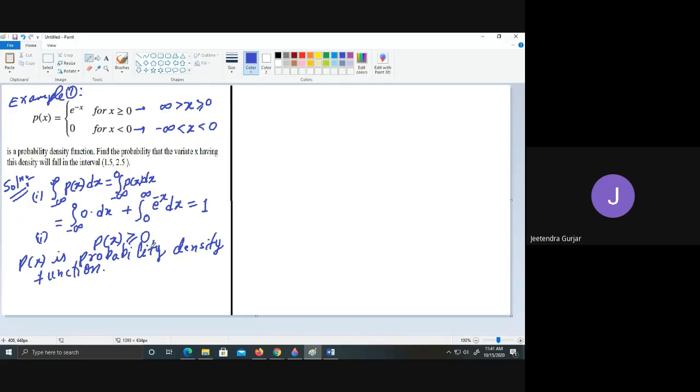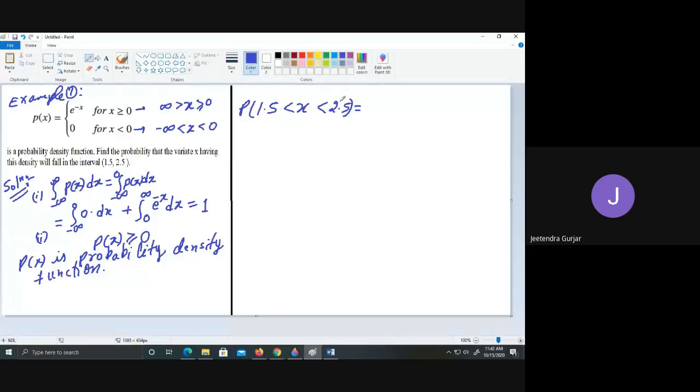Then in the second case, students, they have given the interval. So what is this interval? It is between 1.5 and 2.5, x must be in between. So how are you going to calculate now?